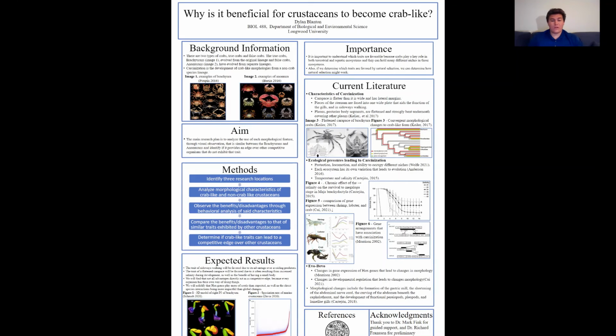So I think we'll find a lot of conflicting ideas, which I think is very interesting about going to 3 different research locations rather than just going to one and trying to determine which morphological characteristics are more or less important.